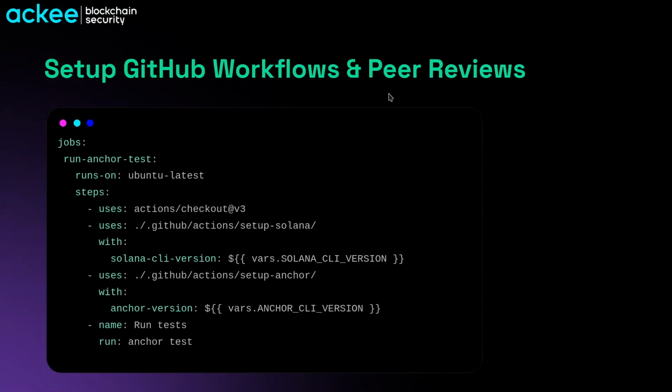This is one point, and then of course peer reviews should be done also. If you are the only developer, then it's not feasible. But if you are multiple persons in your team, then I really recommend that you set up your GitHub in a way that you cannot merge before a second or independent person reviews your pull request, and that the workflow checks pass.